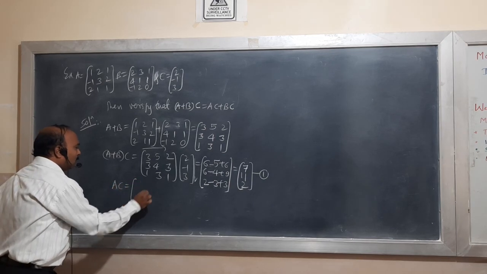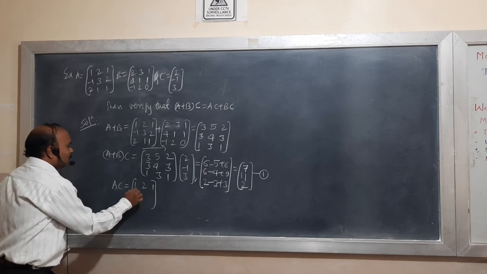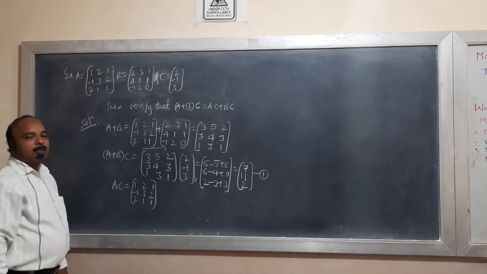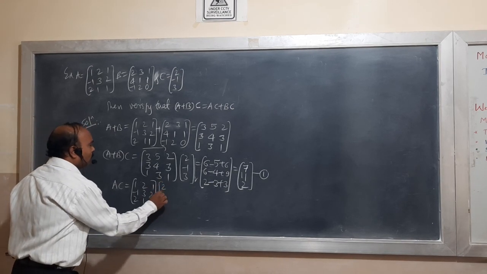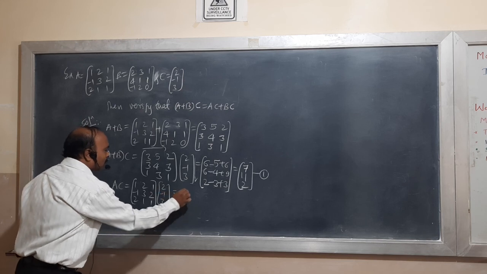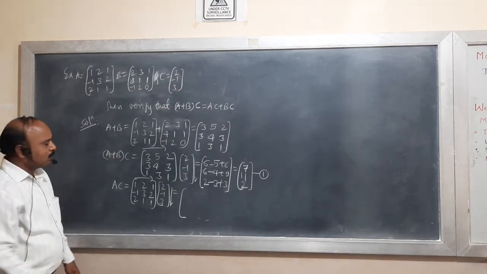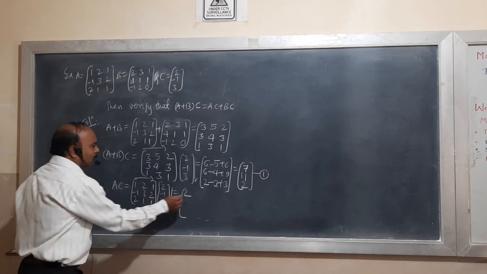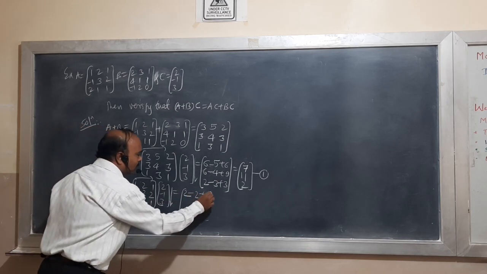AC is given by first A, [1, 2, 1; minus 1, 3, 2; 2, 1, 1]. Matrix C is [2; minus 1; 3]. Again we multiply these two. First row, 1 into 2 is 2, 2 into minus 1 is minus 2, 1 into 3 is 3.